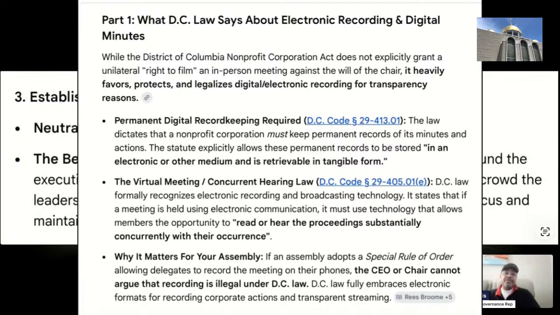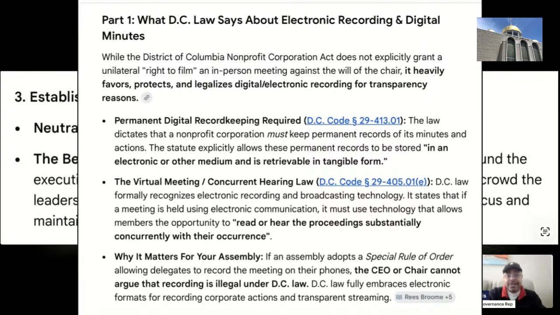Just like when the organization records the members during a service. We know that members want to hear the service and even view it along with the occurrence of the event. And the law protects this practice.